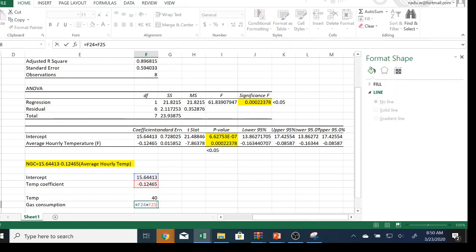The reason I am putting plus is that I have already given the temperature coefficient as a minus value.